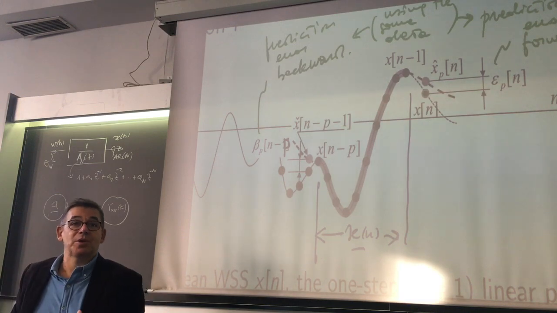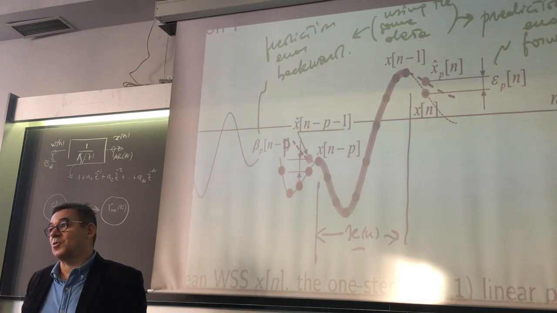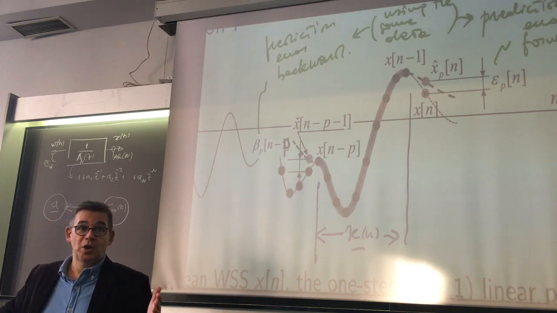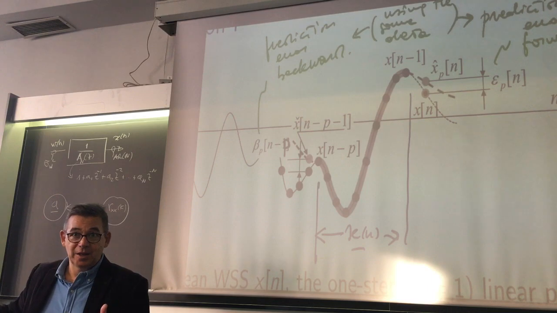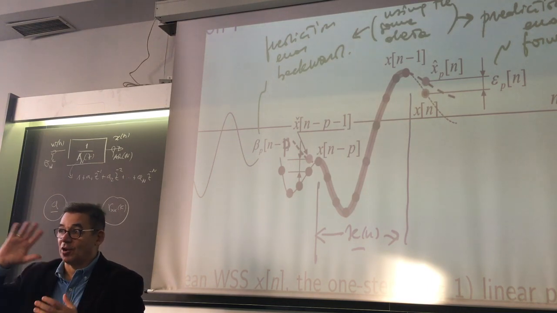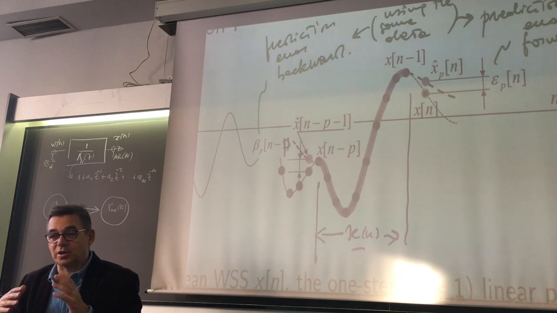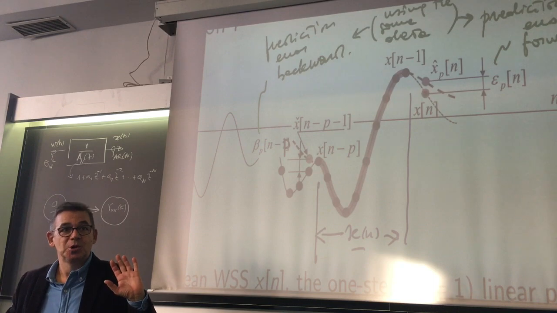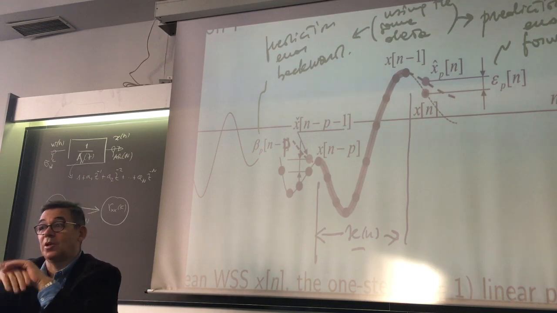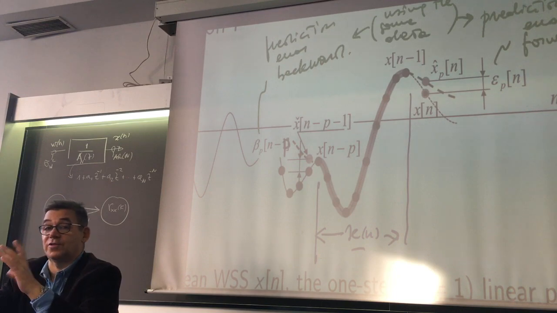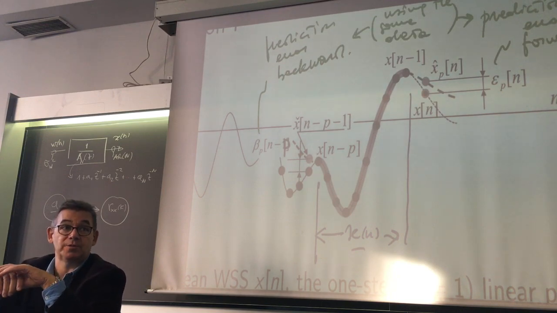In adaptive processing, what we avoided is waiting for a long time, collecting the data, building the correlation matrix, the autocorrelation, the cross correlation, creating sample estimates of the matrices, and then calculating the filter. This is what we avoid.